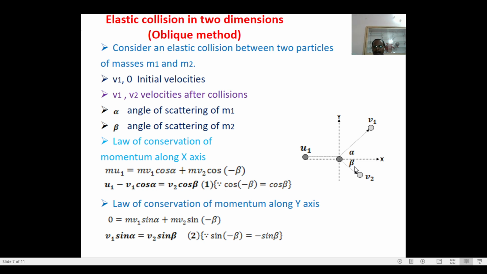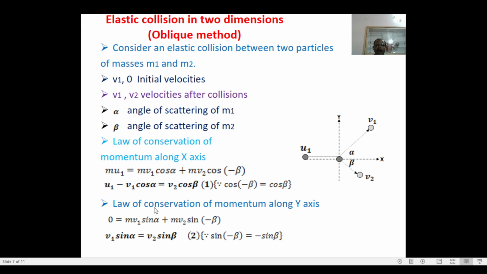Similarly, beta is taken as a negative angle, so the component of particle 2's momentum is mv2 cos of minus beta. So momentum along the x-axis: mu1 is equal to mv1 cos alpha plus mv2 cos of minus beta. Divide throughout by m: u1 minus v1 cos alpha is equal to v2 cos beta. Call it equation number 1, because cos of minus beta is cos beta.